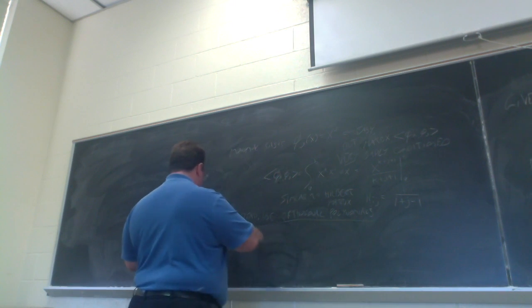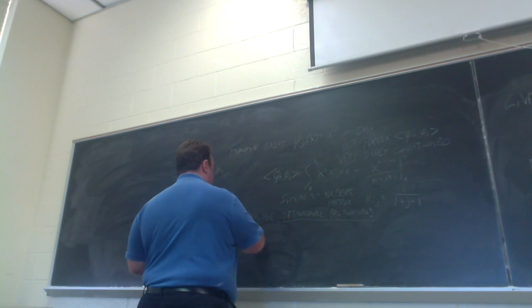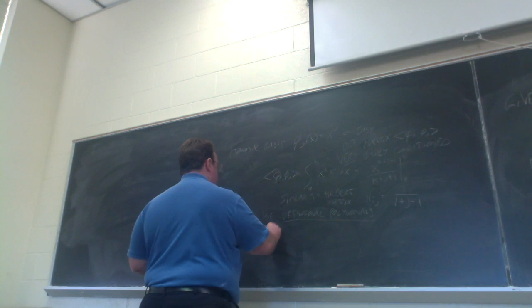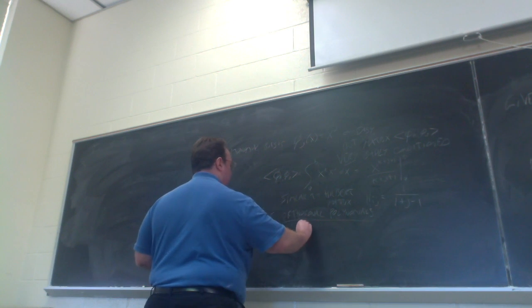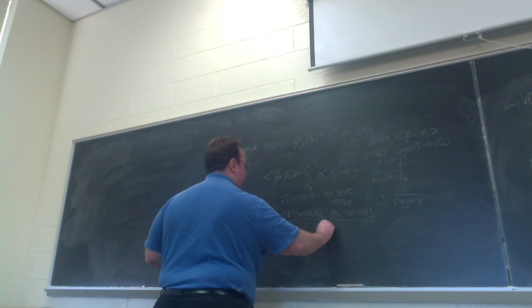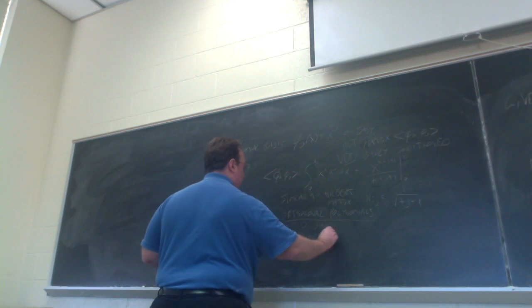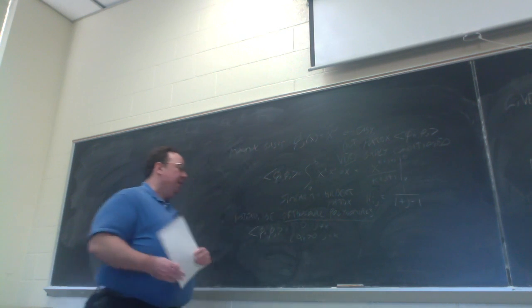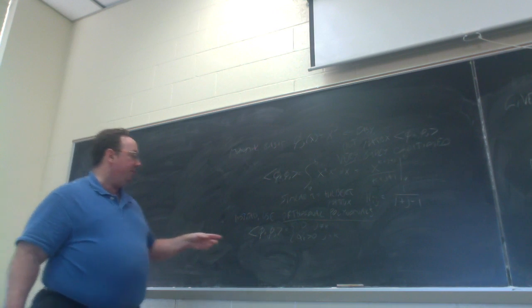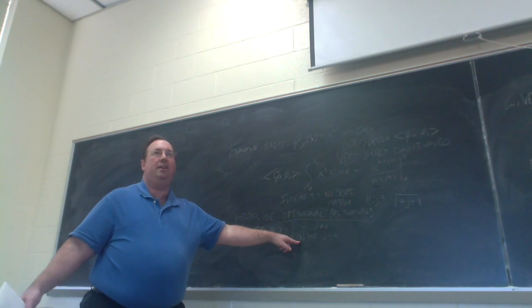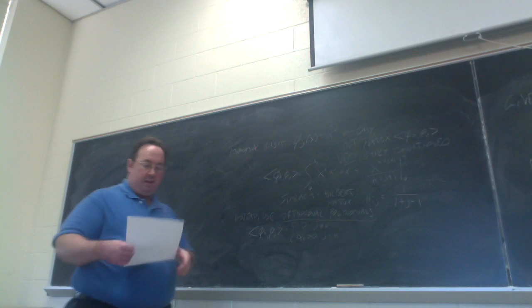Okay, so orthogonal polynomials have a property that the inner product of phi k and phi j equals 0 if j is not equal to k, and otherwise it's equal to some constant which has to be positive. That's because the inner product can't be negative. Now, if we specify that these are equal to 1, then it's orthonormal.